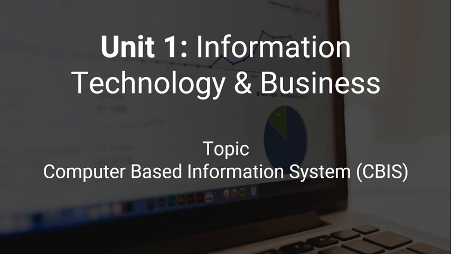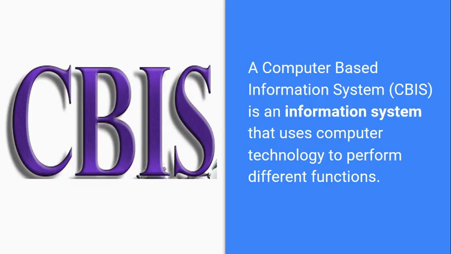This era paves the way of computer-based information system where sophisticated technologies, computer-related devices are used in processing and transmitting information in every aspect. So in this respect, what is CBIS or Computer-Based Information System?